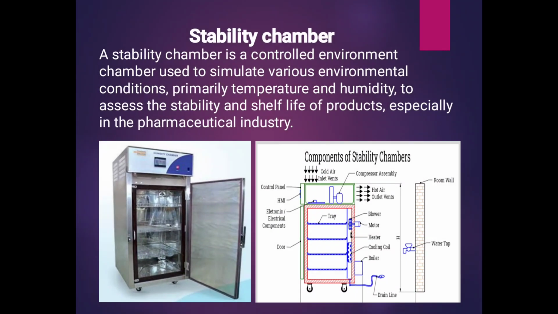So this is the stability chamber. A stability chamber is a controlled environment chamber used to simulate various environmental conditions, primarily temperature and humidity, to assess the stability and shelf life of a product, especially in the pharmaceutical industry. It can control the environment, simulating real world conditions, and you can raise different temperatures in this chamber and assess the product. The components of a stability chamber are the control panel, electrical components, door, cold air inlet vent, tray, and hot air outlet vents.